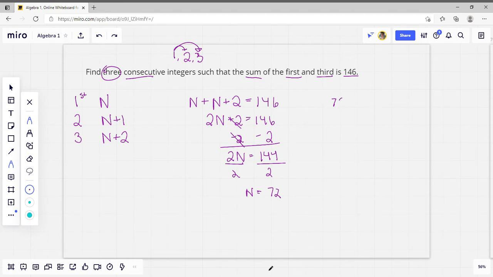And then our second one would be the next number after that, so n plus 1, which would be 73. And then our third would be n plus 2, which would be 74. Okay, so that's the answer to that one.